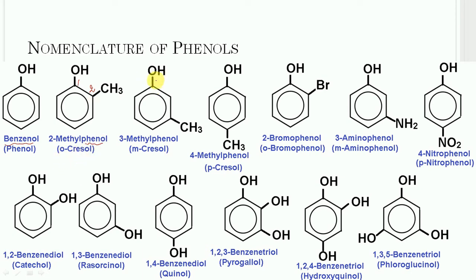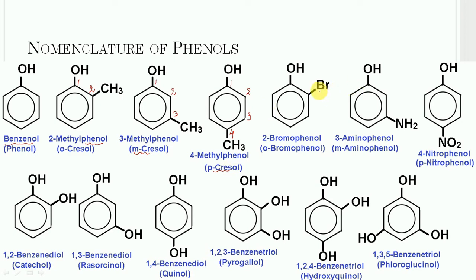Then this one, carbon number 1, 2 and 3. So it is 3-methylphenol and it is also called metacresol. Then this one, it is carbon number 1, 2, 3, 4. So it is 4-methylphenol and it is also called paracresol.